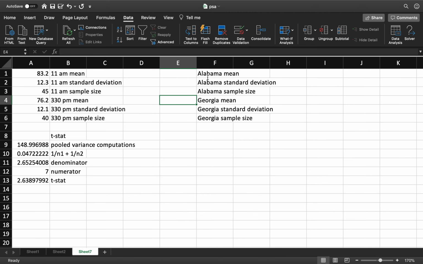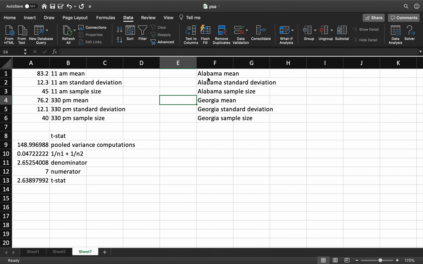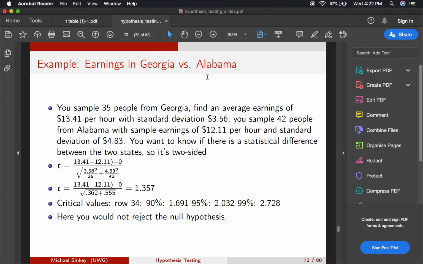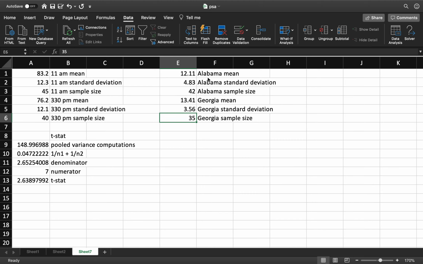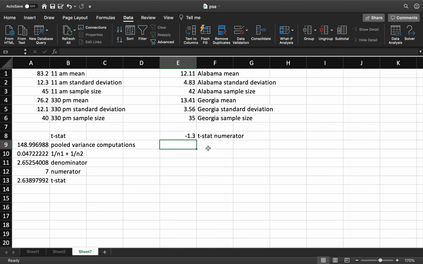If you think one is larger than the other, I have the bigger one go first. Okay, so Georgia, 1341, 356, 35. Alabama is 42 as the sample size, 1211 is the sample mean, and 483 is the standard deviation. Now here's the t-stat numerator, just the difference between the groups. Alabama minus Georgia, or Georgia minus Alabama, the only thing that's going to change is the sign.